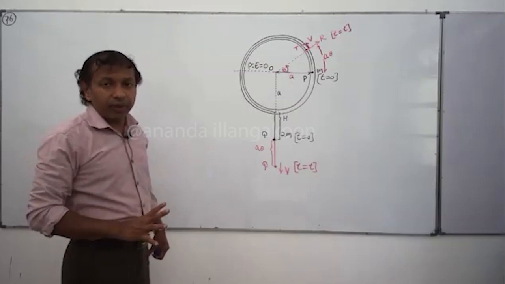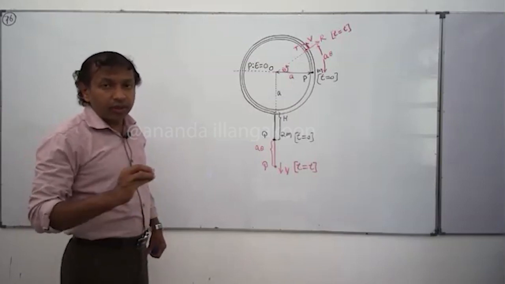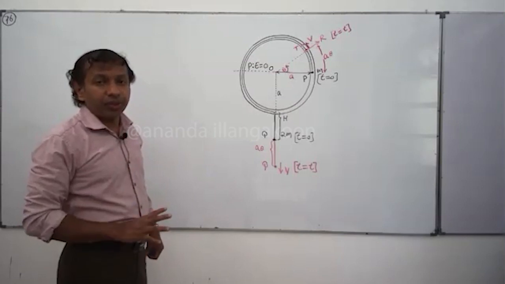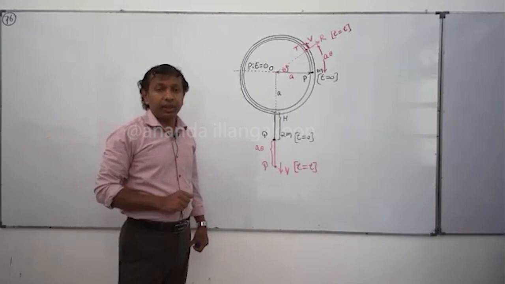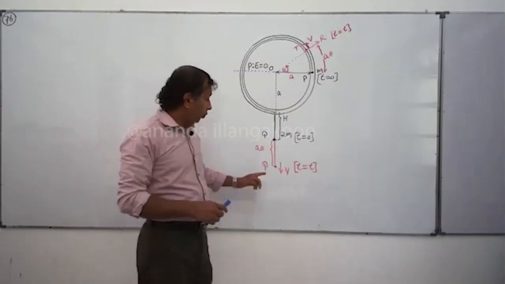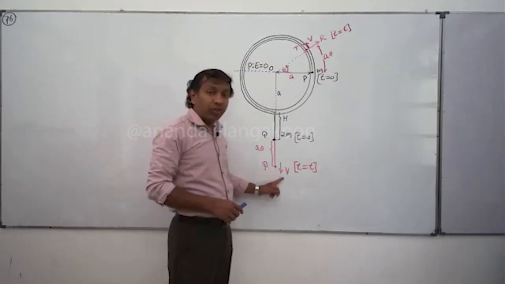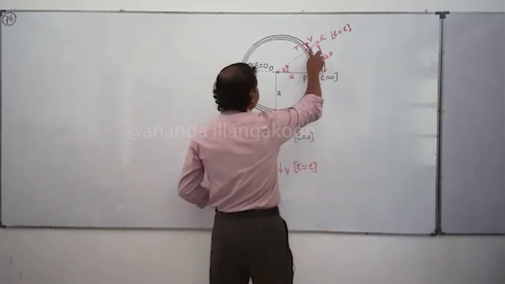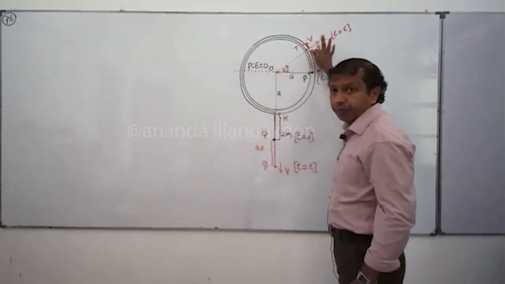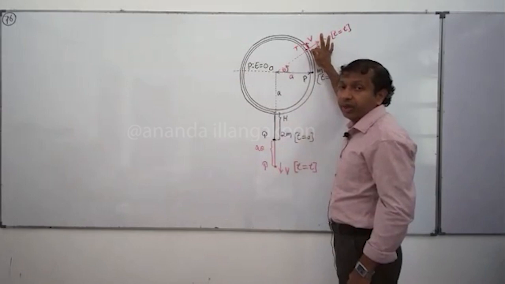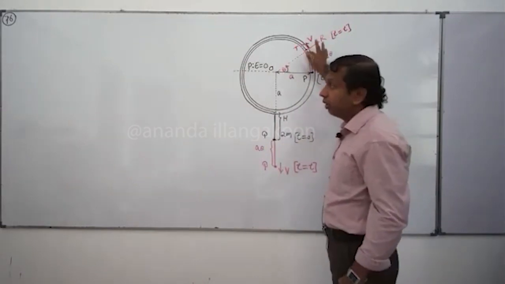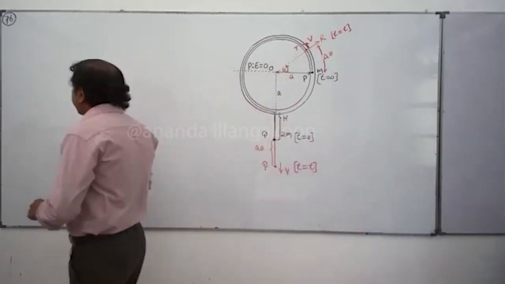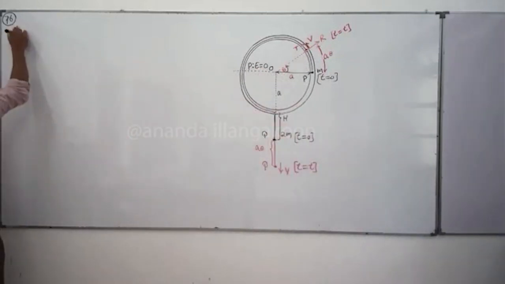Secondly, at t equals t, we must write the potential energy plus kinetic energy. At t equals t, Q is at this level moving with velocity v, and P is here moving with velocity v. Then we can write the total energy, applying conservation of mechanical energy.